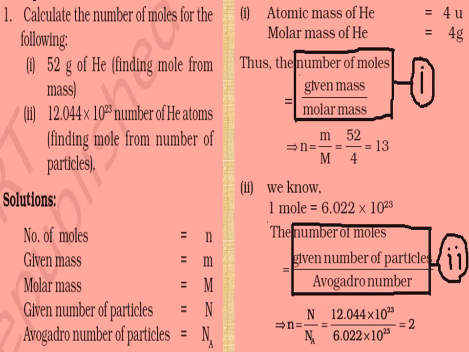So 12.044 × 10^23 helium atoms is 2 moles of helium atoms. For other equations also we can find the answer using these two formulas.